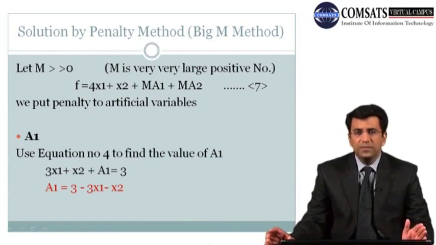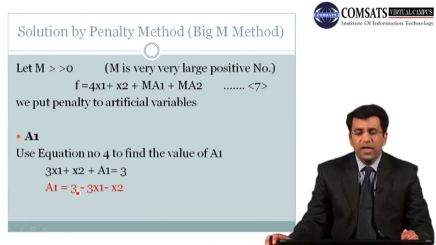So what you should keep in mind is that whenever we introduce that big M in this penalty method, we have to reformulate our objective function by multiplying the big M value with all of the artificial variables and adding these values to our objective function. So class, our new objective function again is f is equal to 4x1 plus x2 plus Ma1 plus Ma2.